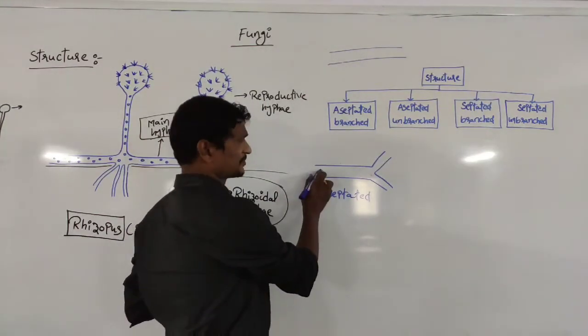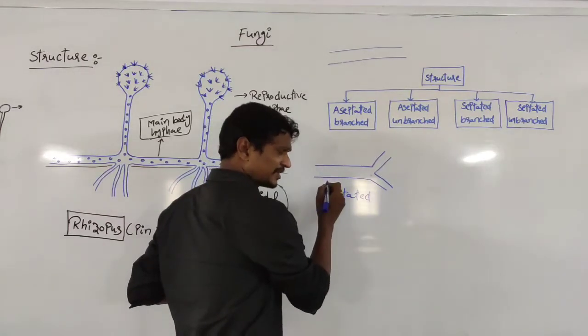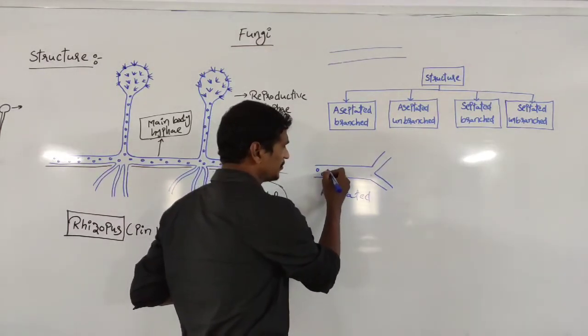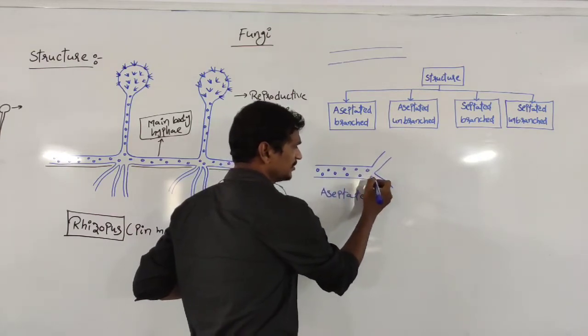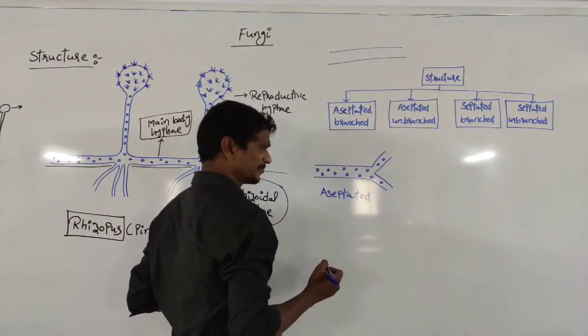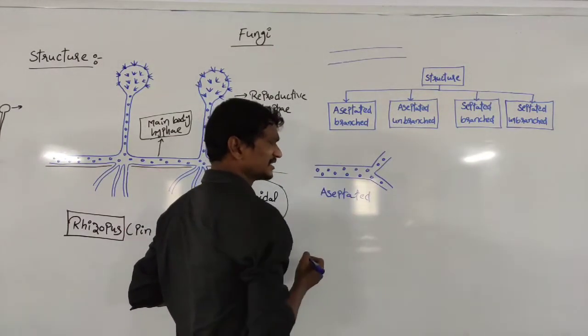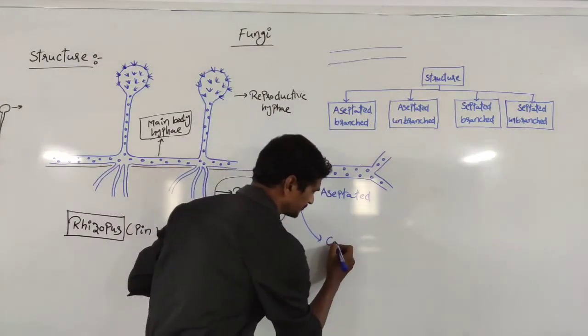And here septa are absent. If the septa are absent, many nuclei are present without any septa. The condition is called the coenocytic condition.